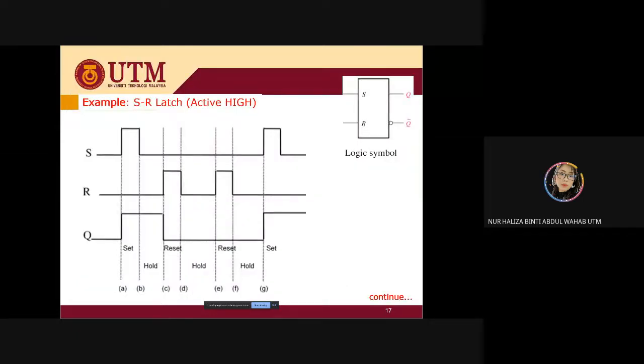You will apply it in terms of timing diagram. Last time you also, I think, had experience dealing with timing diagrams, but now it looks like you're going to have a lot of timing diagrams later on.